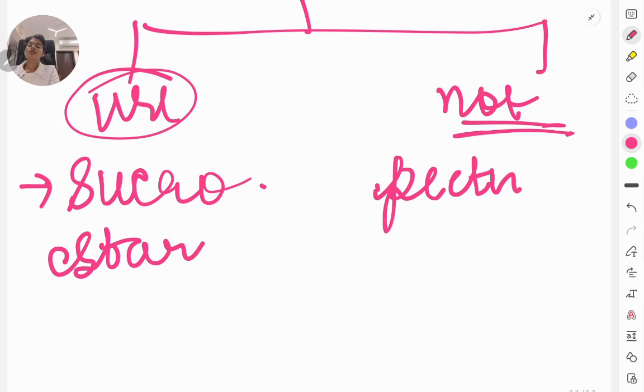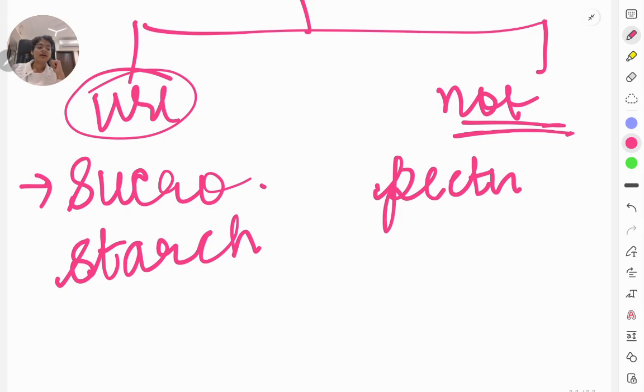And starch, I would like to tell you, is the most abundant one in our diet, because it has a bland taste and also a satiety value. Now, what are the functions of carbohydrates? First is that it's a major source of energy, right?